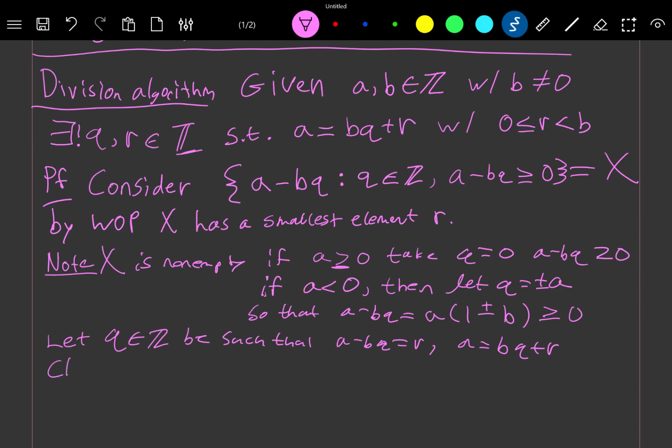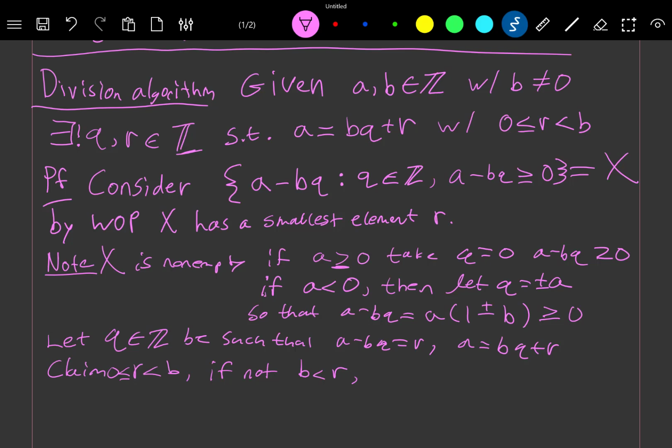We claim that r is between 0 and b. If not, we know r is greater than or equal to 0. If not, then r is bigger than b.